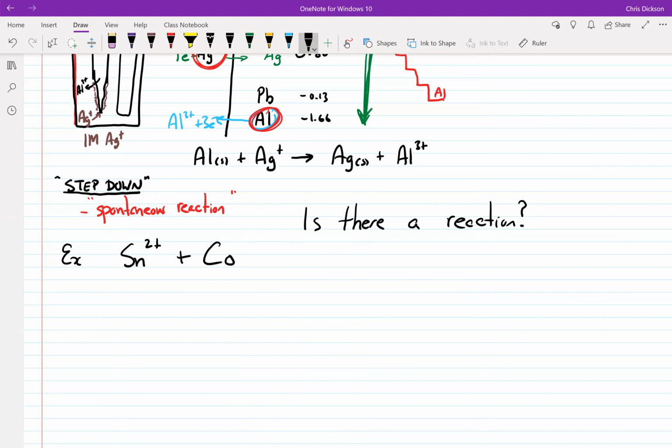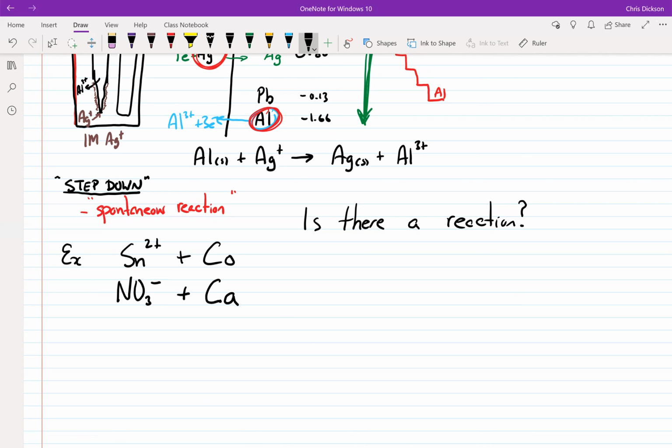I'll give you one more pair here. Let's try, yeah, that actually might be kind of tricky. Let's try nitrate with calcium.